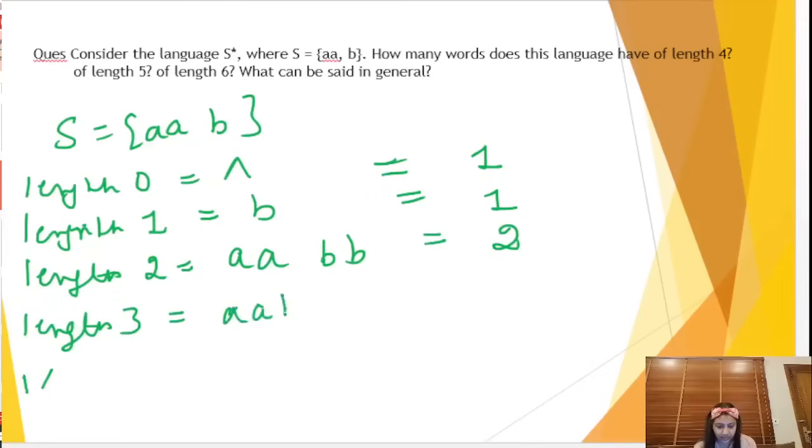AA, B, we can have BB, either length 2 concatenated with length 1 or length 1 concatenated with length 2. So this will be AAB and BAA. So I will have 3 strings only of length 3.